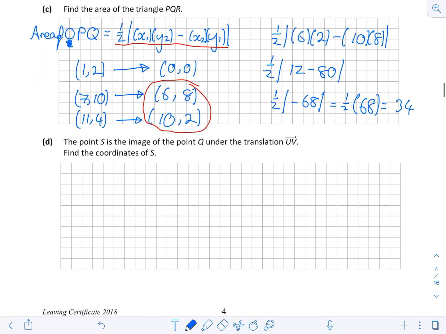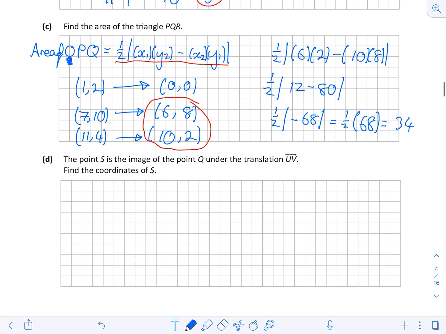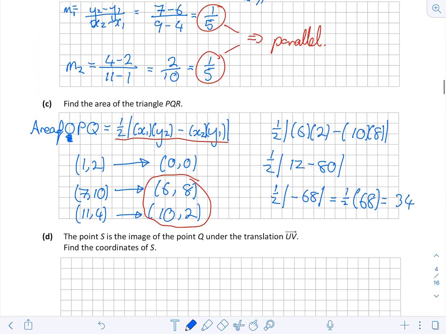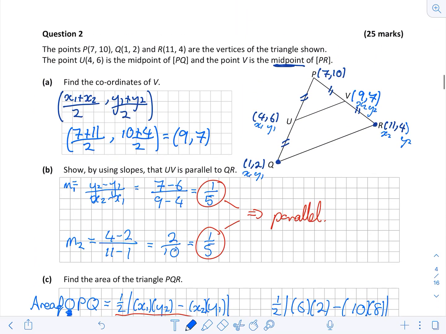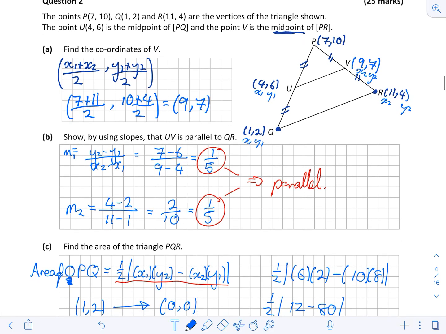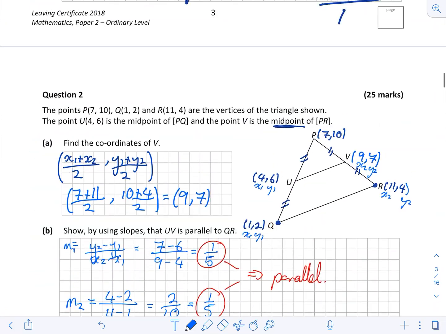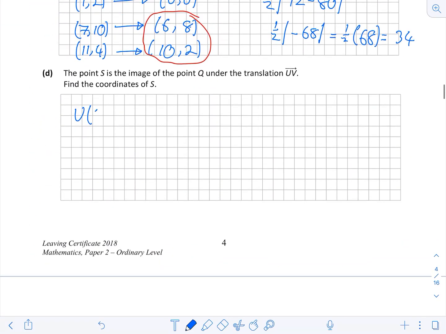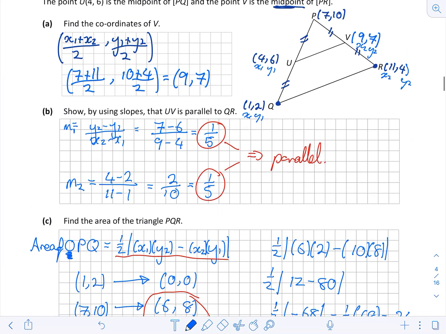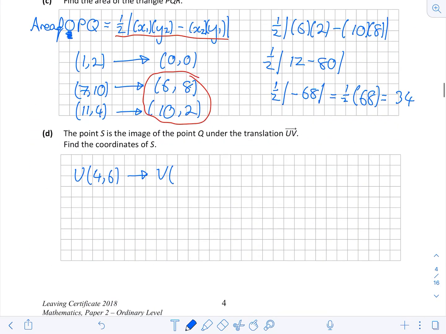The point S is the image of the point Q under the translation UV. Find the coordinates of S. So U to V, so we start at U, which is (4, 6). And we go to V, which is (9, 7).